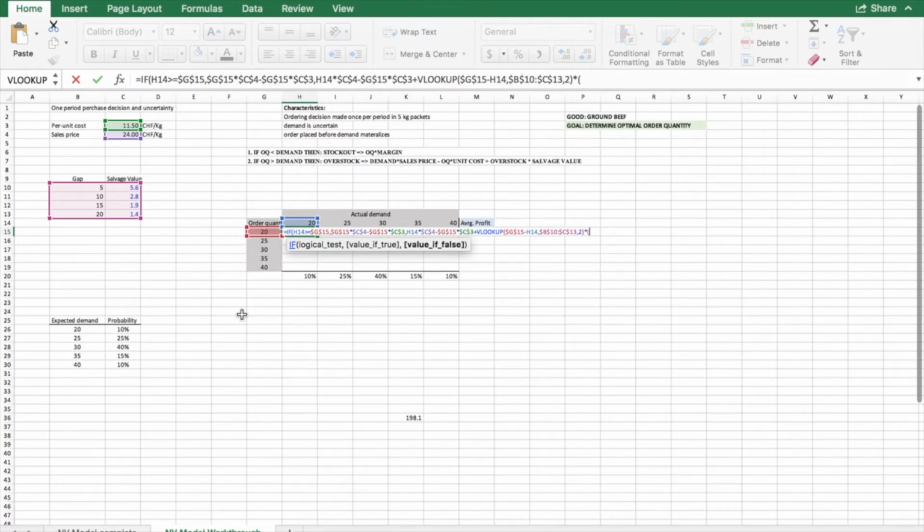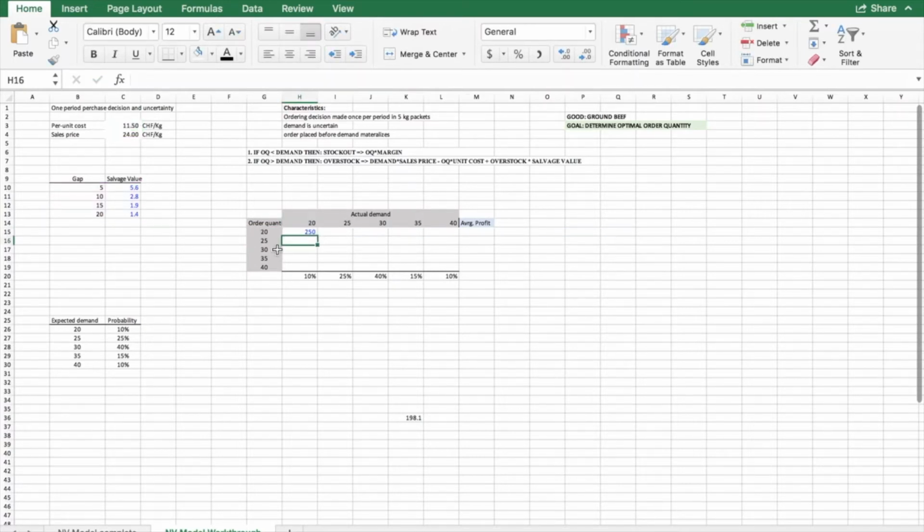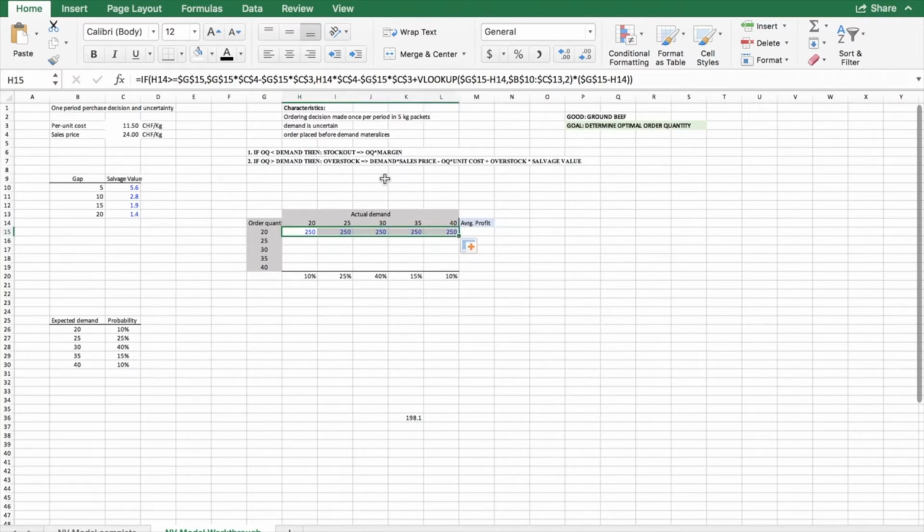And then we need to multiply again that salvage value by, well, the difference, right? So, because it's in per kilogram on the table. So then we can go ahead and copy that out.